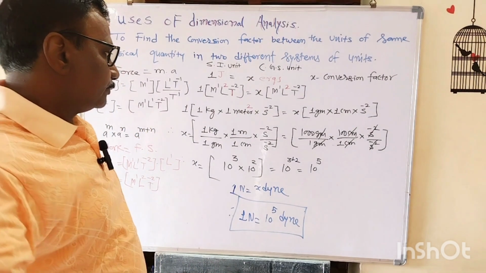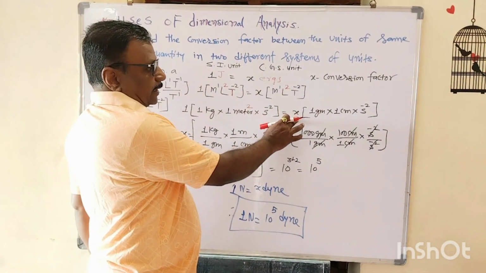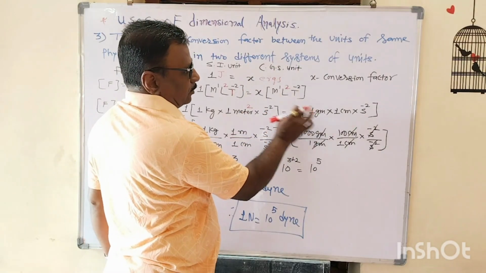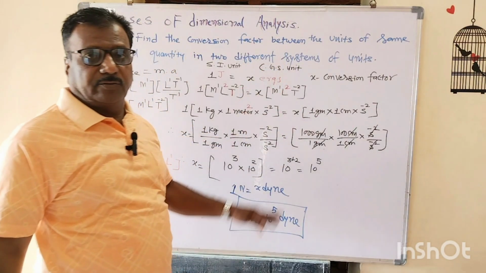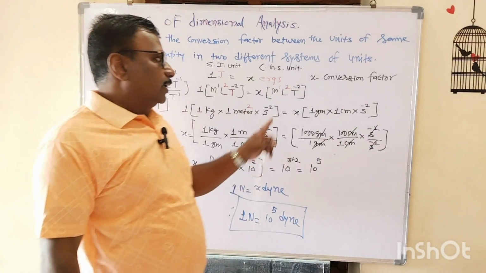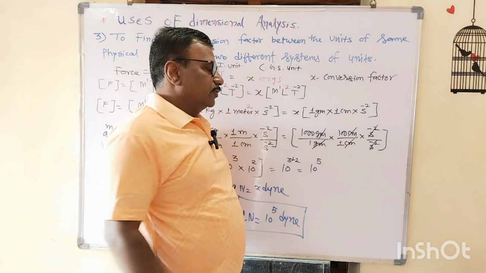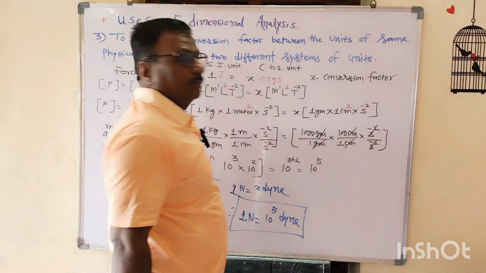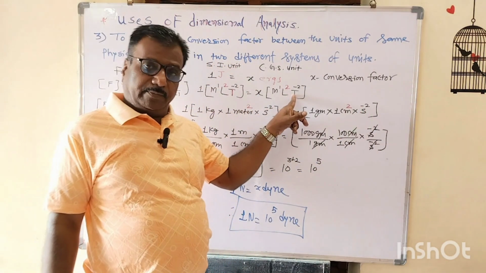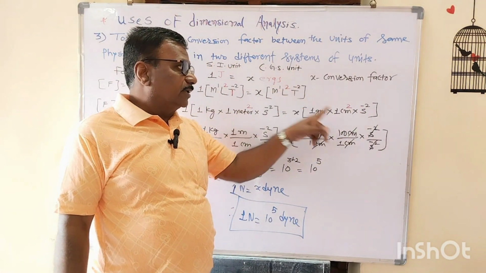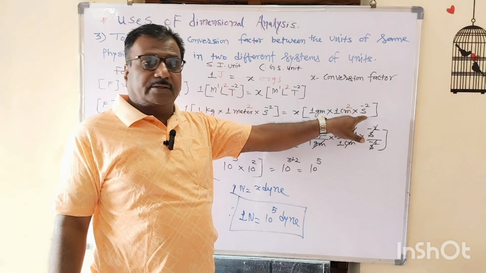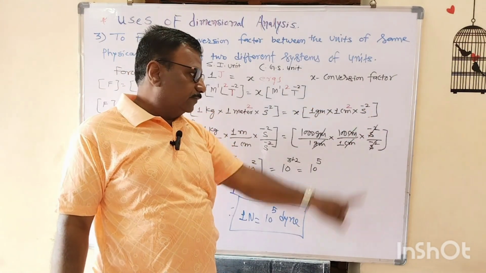Now on the right hand side, X. Here mass is measured in CGS in grams, so M to the power 1, and we write 1 gram. Then L to the power 2, so we write 1 centimeter to the power 2. Time is measured in CGS in second, and the second to the power minus 2, so we write second to the power minus 2.